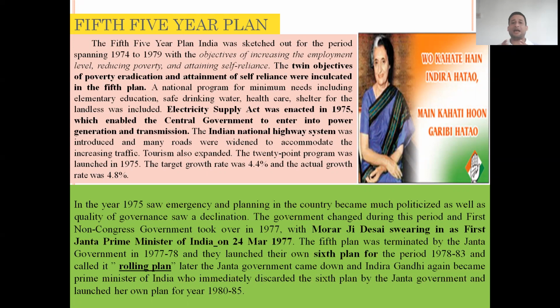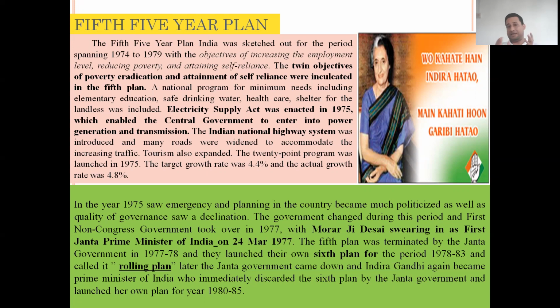The Indian National Highway System was introduced, and many roads were widened to accommodate the increasing traffic. Tourism also expanded. The 20-point program was launched in 1975. The target growth rate was 4.4% and the actual growth rate was 4.8%.